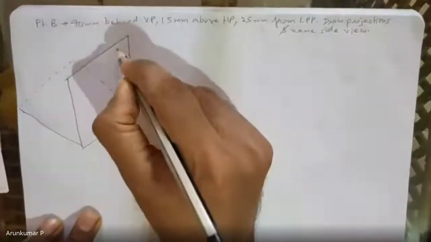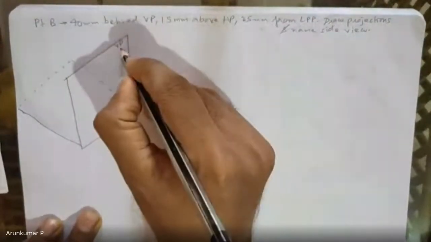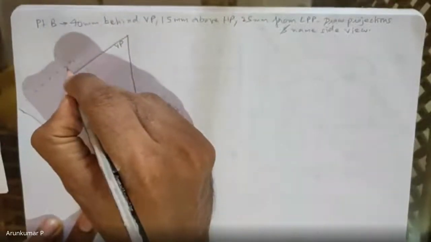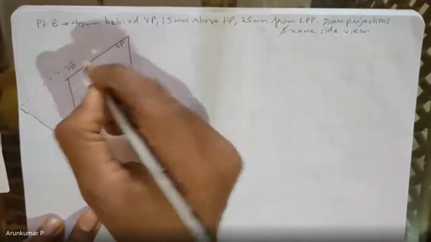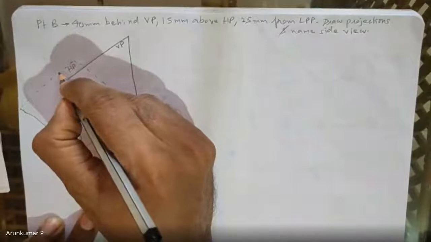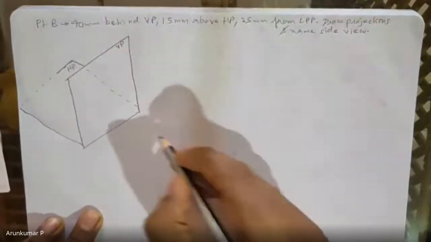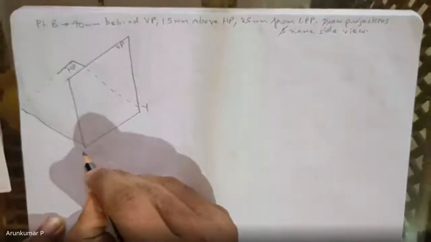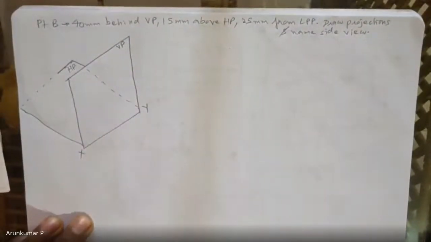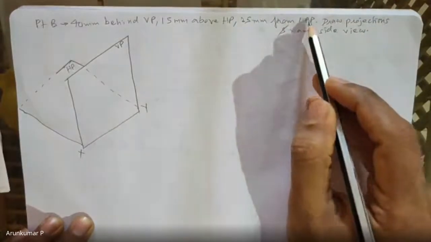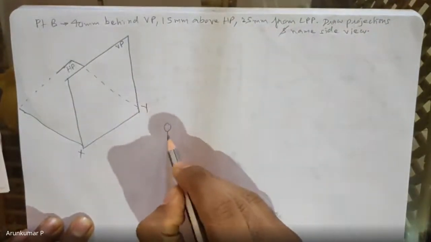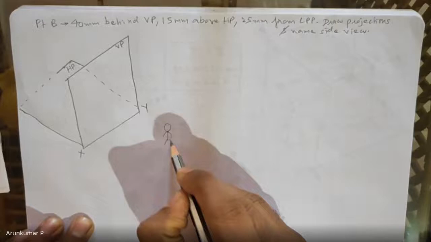This is the VP, this is the HP, the horizontal plane. I think partially it will be visible, we'll see. And of course this is the XY line. Now since we are dealing with the left profile plane, we forgot about the observer. The observer is right here.